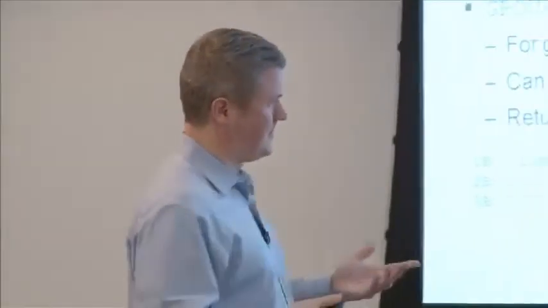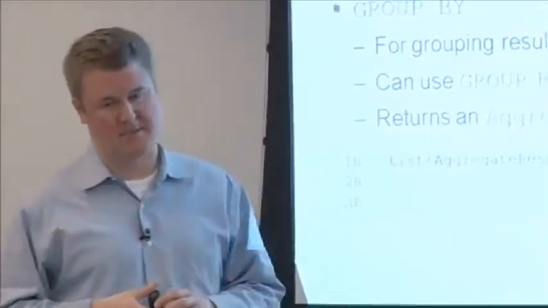But there is a special exception to that, which is the AggregateResult. An AggregateResult is the one type of SObject which is not a concrete custom object or standard object that exists within your database.